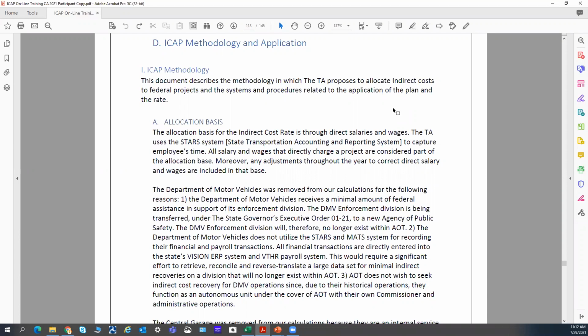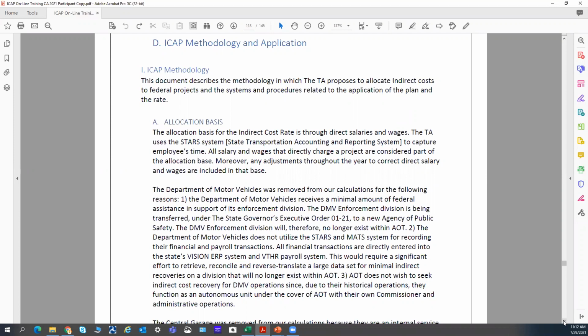But one of the things we were pushing to Vermont when they were developing this is, don't forget that because this was your first time developing this cost plan, the maintenance of that plan, monitoring of your indirect costs, the monitoring of your salaries and wages, your base, and monitoring the plan from year to year is going to have to be something that's written in your standard operating procedures to protect the integrity of how this thing is put together for various personnel that may transfer out and come in.